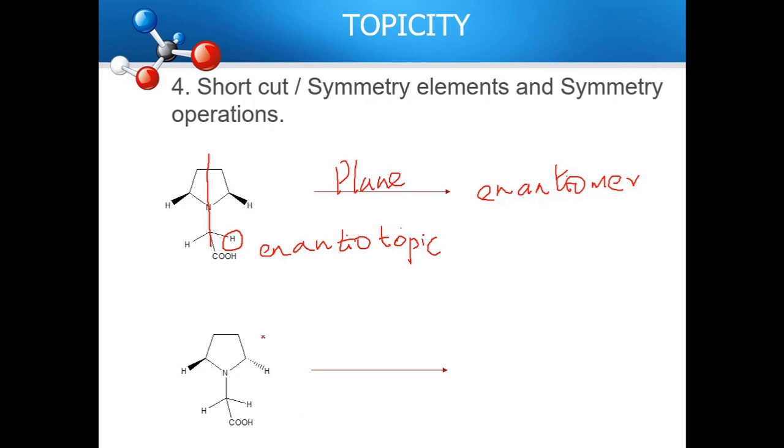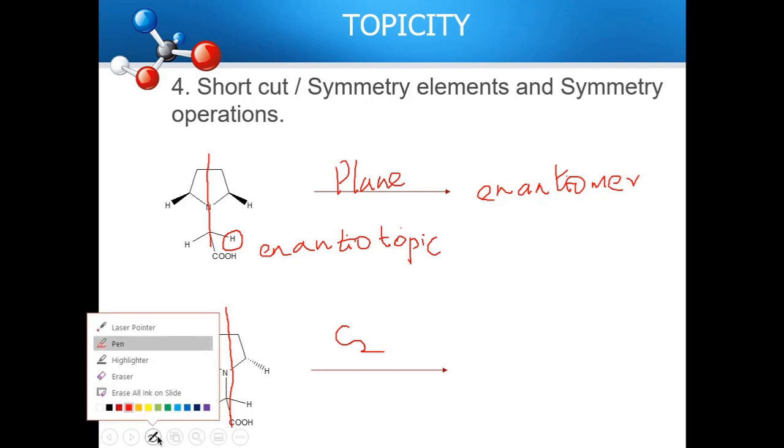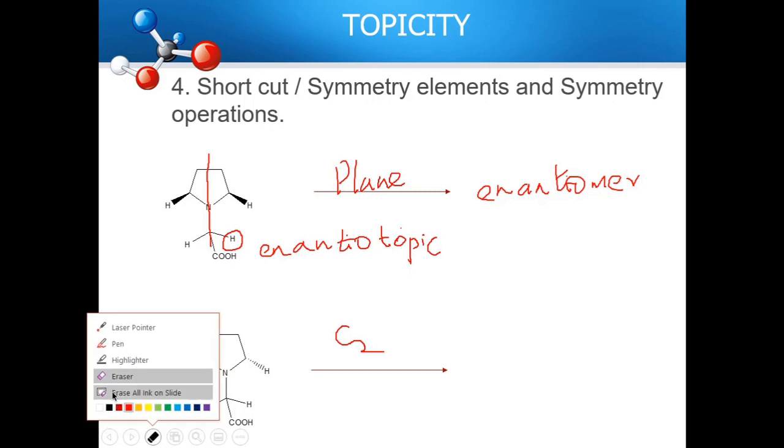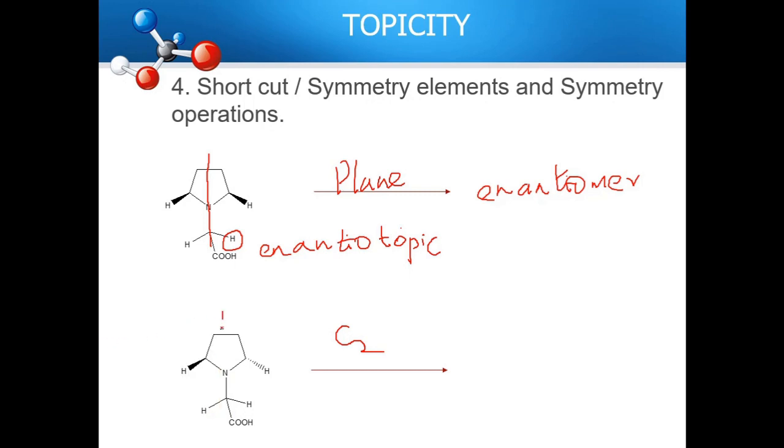Now let us take another molecule. Okay. Now in this case you can see this molecule has a C2 axis of symmetry. So let us say this is an axis.